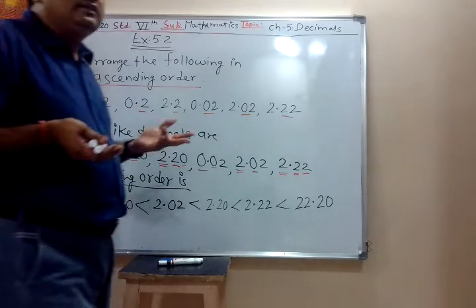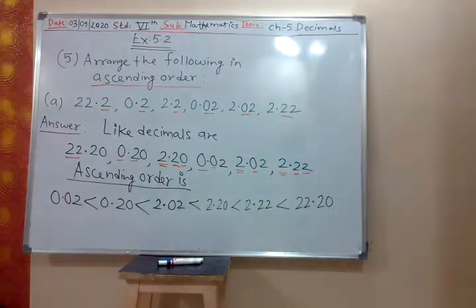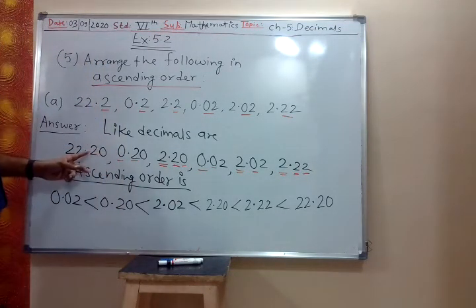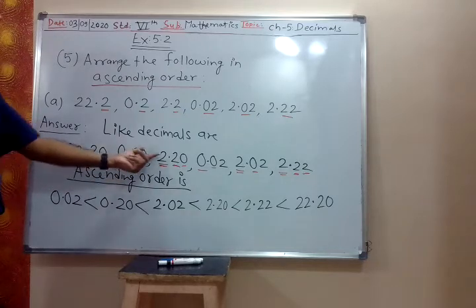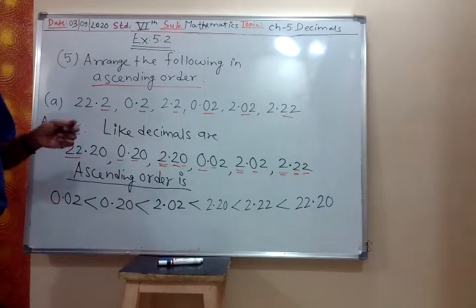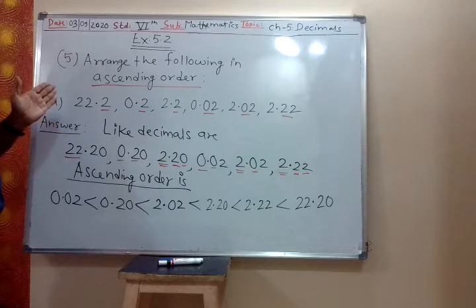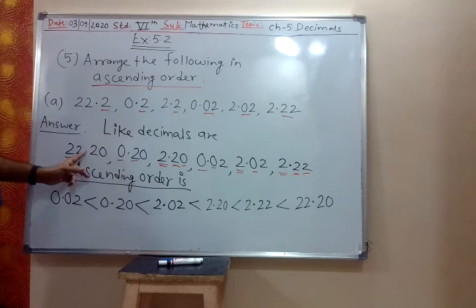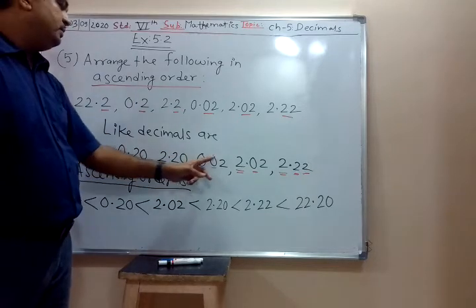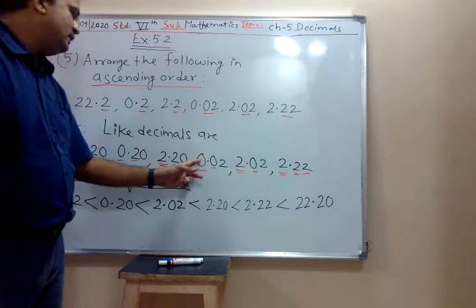So to arrange the numbers in ascending or descending order, our first job is to convert them into like decimals, meaning after the point they should have the same number of digits, 2 digits each. Then we compare the decimals from the left. Before the point it is 22, 0, 2, 0, 2, 2. 0 is smallest.